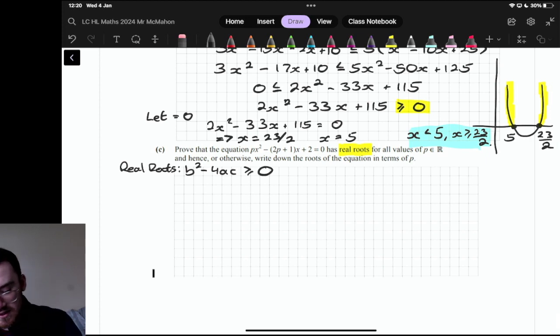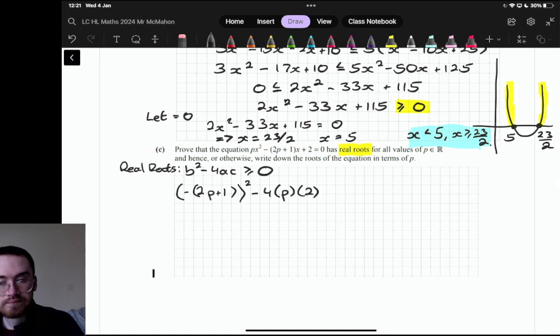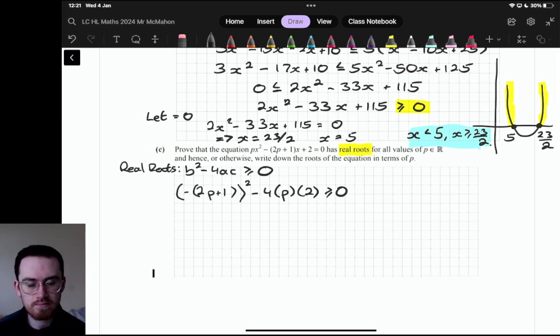So let's take this. b is 2p plus 1, being careful here as well that we don't accidentally take the question down wrong. So it's minus 2p plus 1. It's not minus 2p, it's minus bracket 2p plus 1.